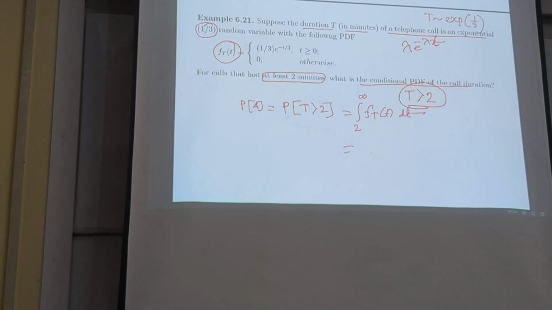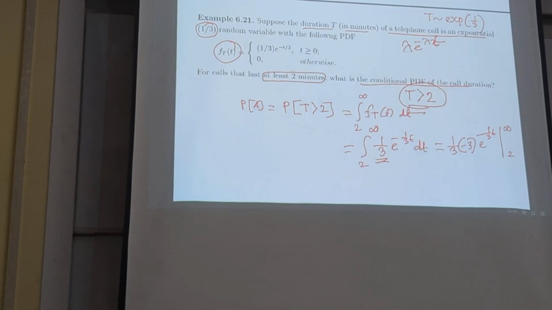Right? 2 to infinity. What is the value of f(t)? 1/3 e to the power minus 1/3 t, dt. Is it okay? And then minus 3 times 1/3 e to the power minus 1/3 t, from 2 to infinity.